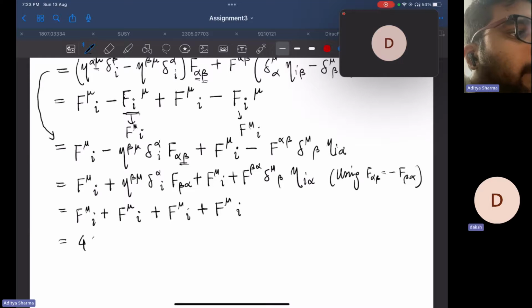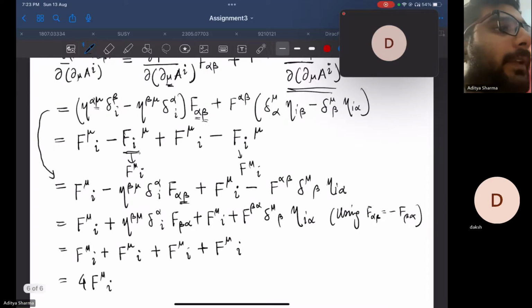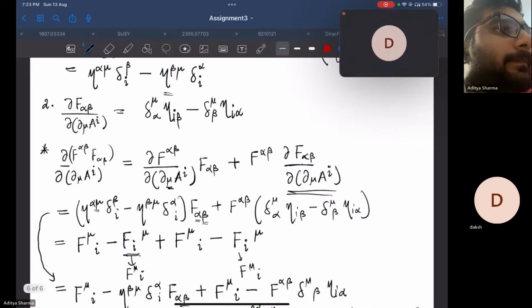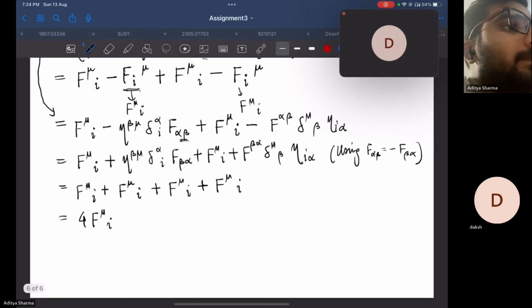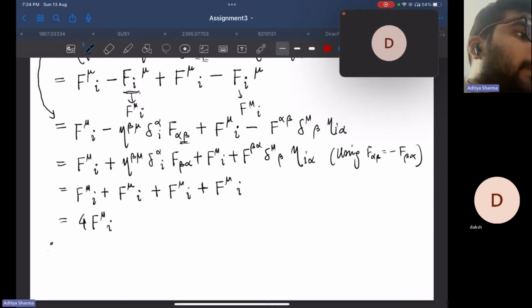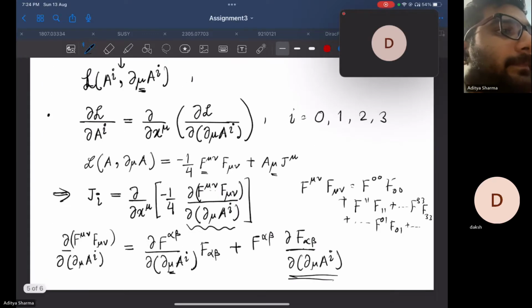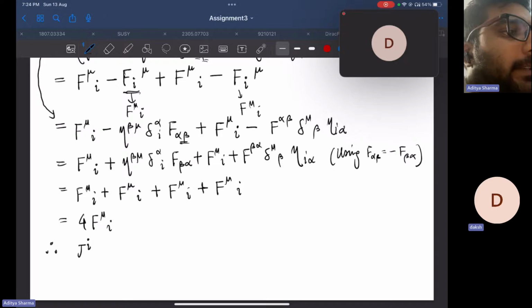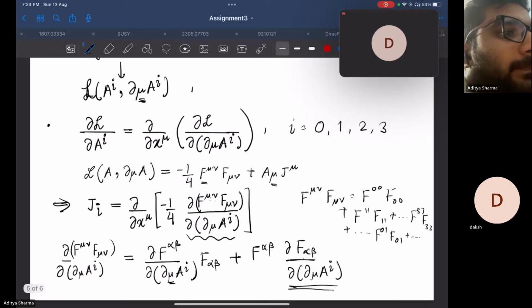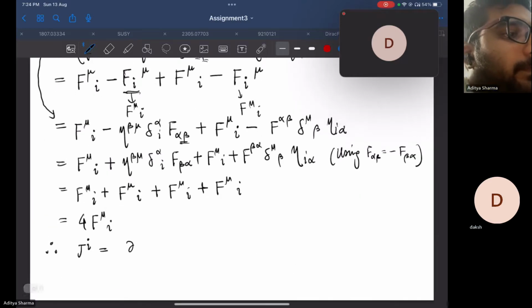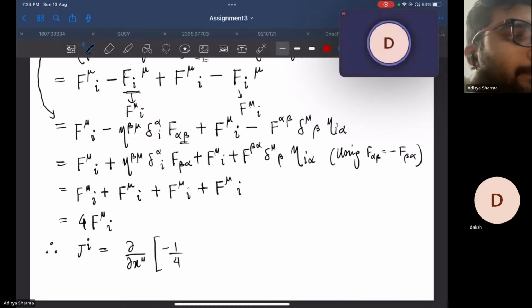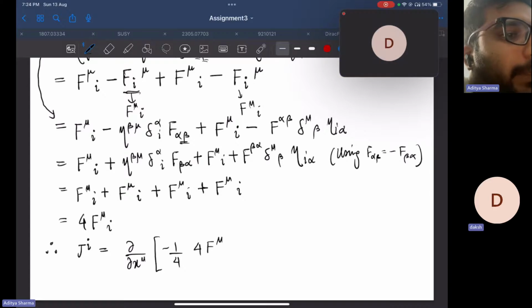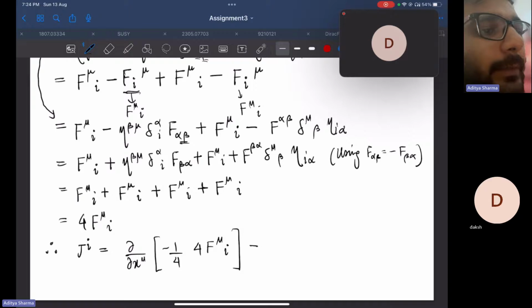So I will get 4 times f mu I. Therefore, Ji is equal to del, 4 times 4 times f mu I, which is equal to this.